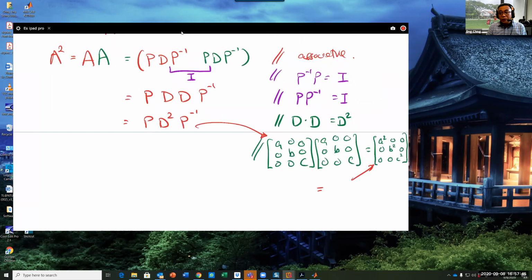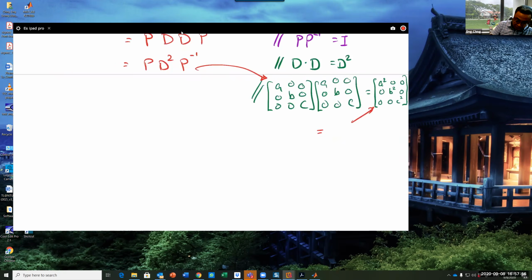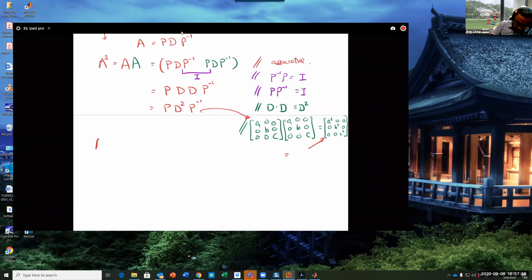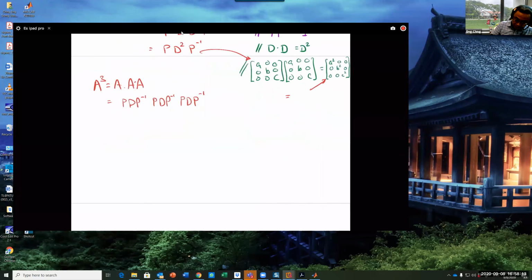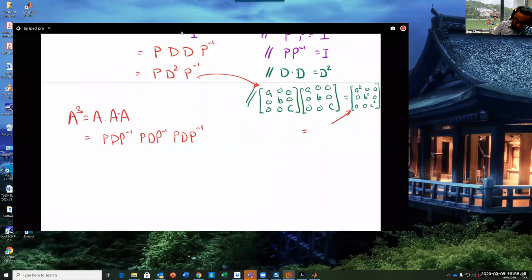Now, so at least we know how to do it for A square. What about A cube, guys? So let's try for A cube. But maybe you already see the idea. A cube is equals to A times A times A. And this time I'm going to use the same color. We already can do this.